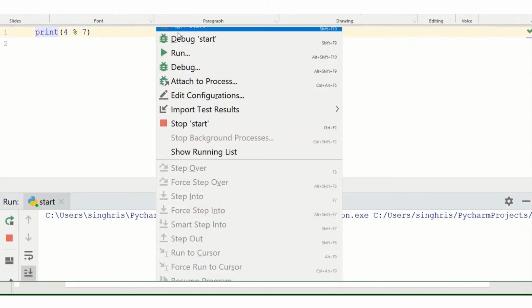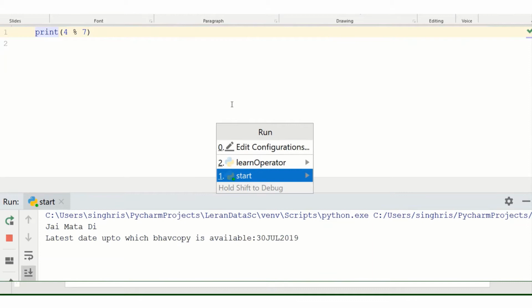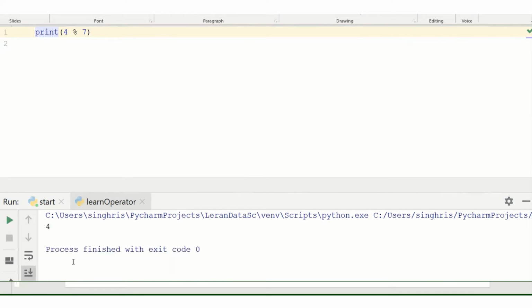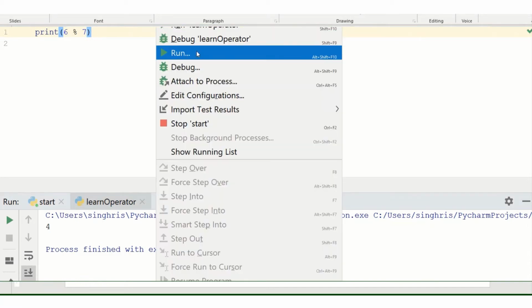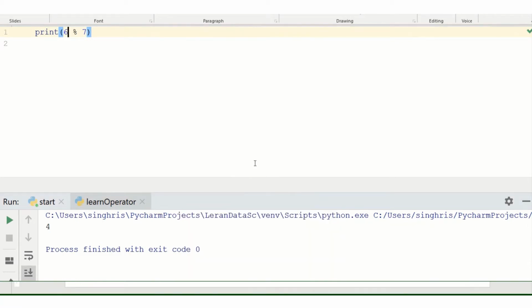Okay, run it. I think some other program is running, so that's why. Okay, you can see now 4 is there, right? Even if you use 6, you will get 6. So from 1 to 6, you will get the same number.